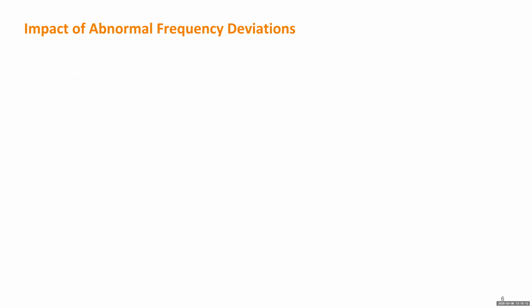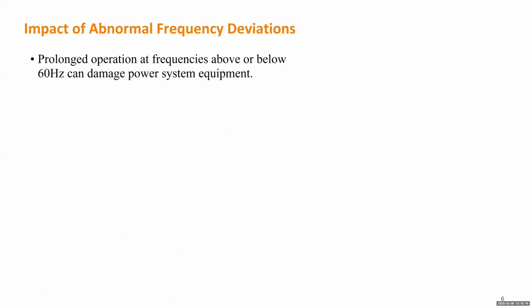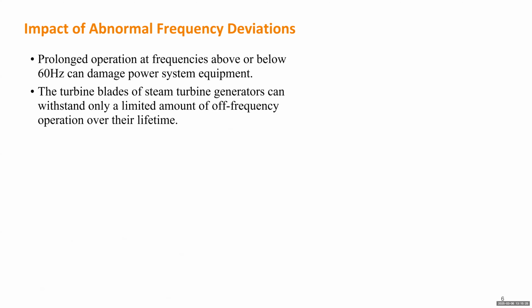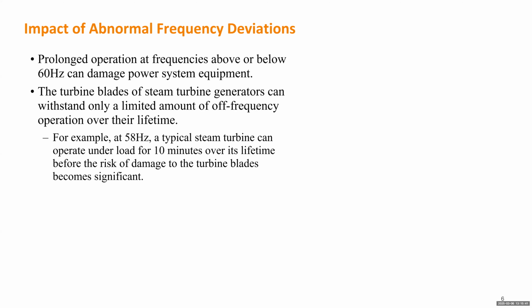What is the impact of abnormal frequency on generators? First, it can damage power system equipment, such as generators, and can also damage the turbine blades of a steam turbine generator. Such generators can only withstand a very limited amount of off-frequency operation over their lifetime.